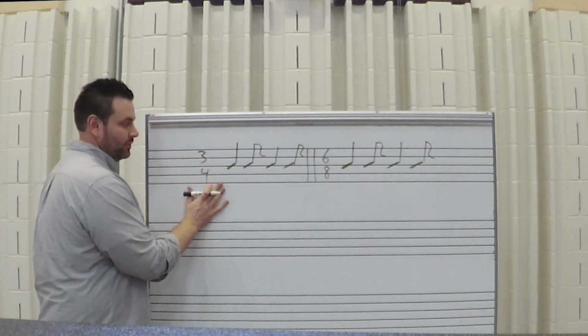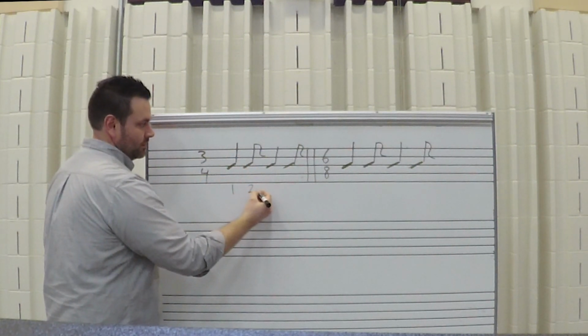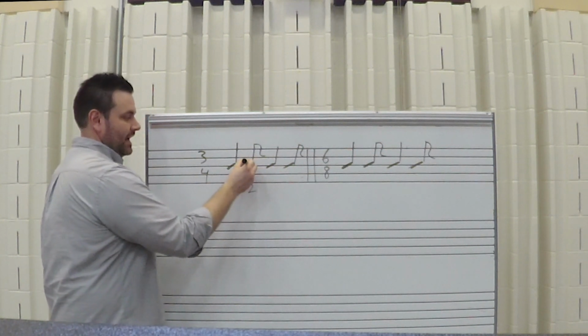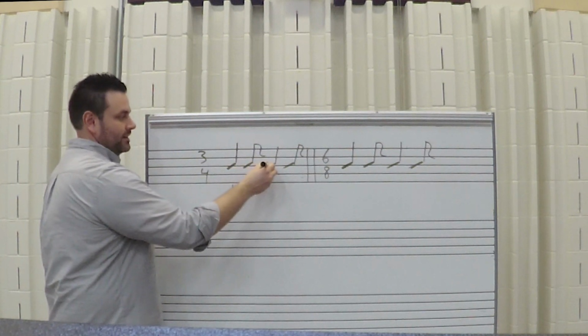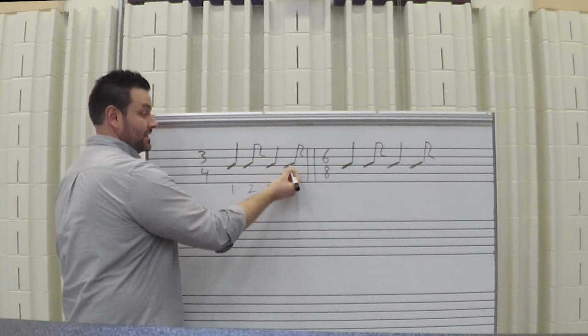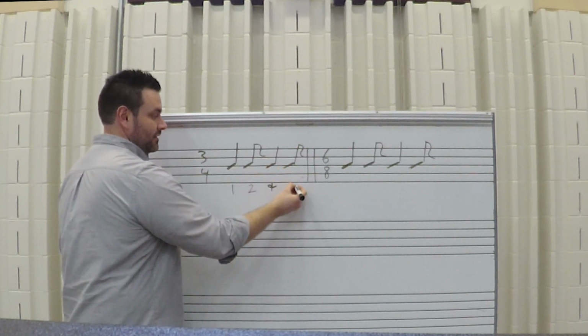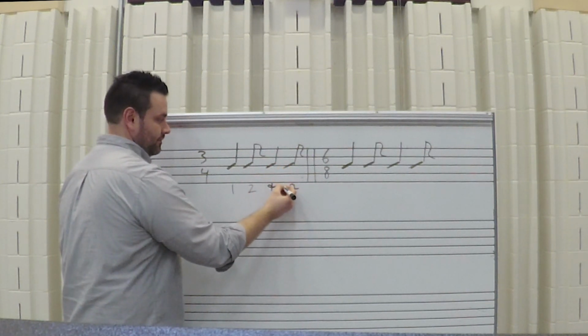So let's think about 3/4. This is beat 1. This is going to be beat 2, right? And because there's an eighth note on beat 2, this is going to be the second half of beat 2, which is going to be and, right? And then this is going to be the second half of beat 3, which is going to be and.